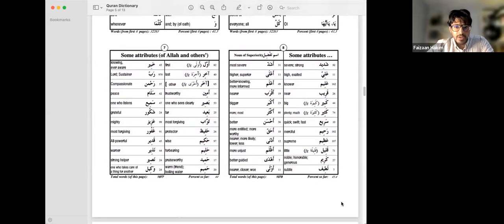But again, the best way to learn nouns and words in general is from the root meaning. So the way I would teach is, rather than just learning khabir, you have a verb, khabara, or it's really khabura, to know something.